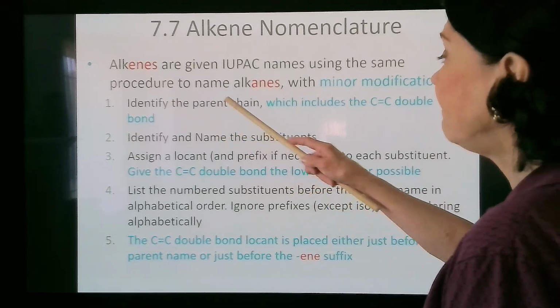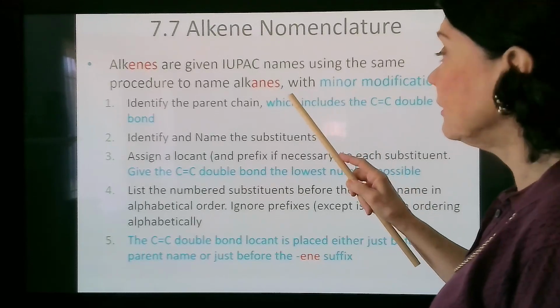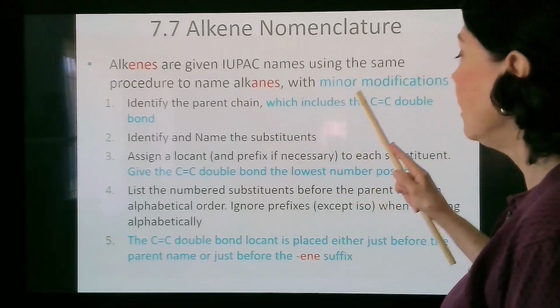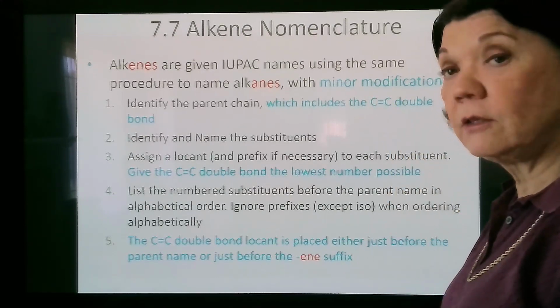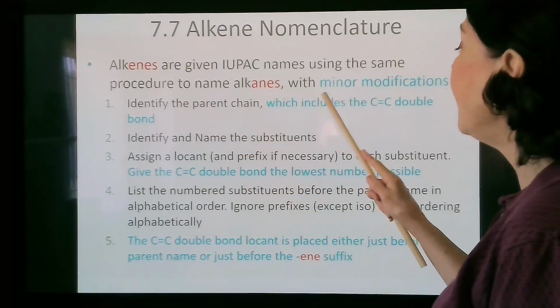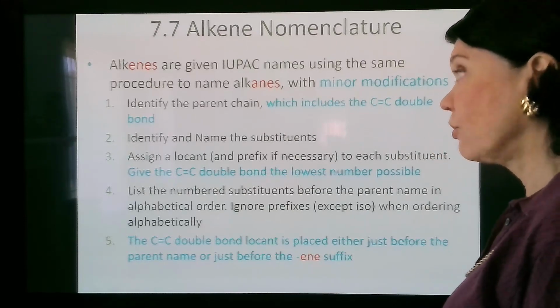So here you identify the parent chain. The difference is that the parent chain must include the double bond. It must include the double bond. So it's going to be the longest alkyl chain that includes the double bond. So you have to remember that.